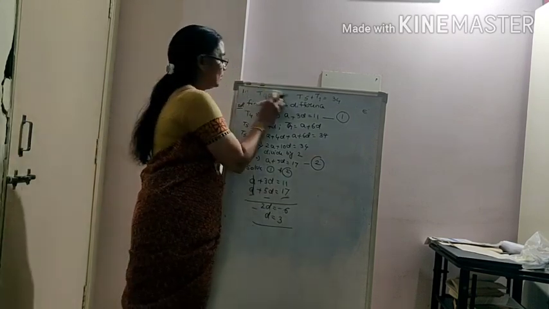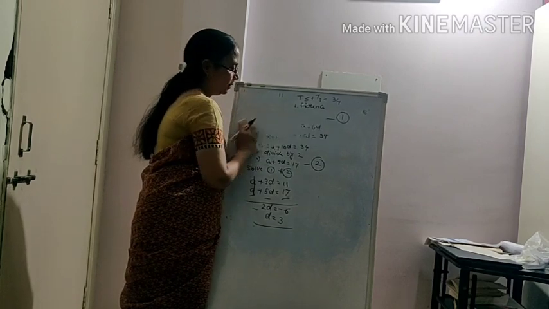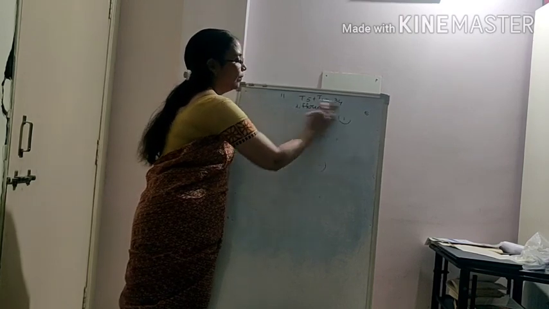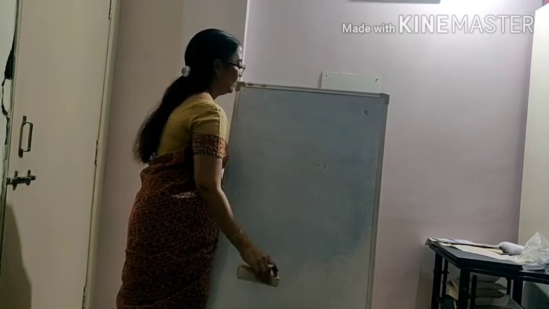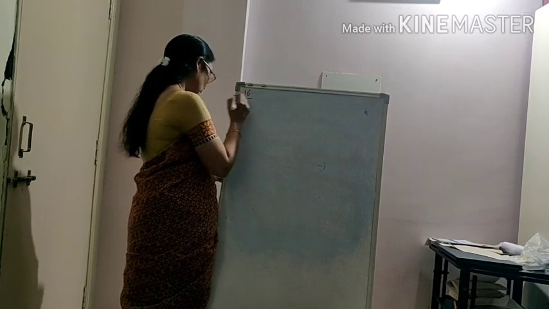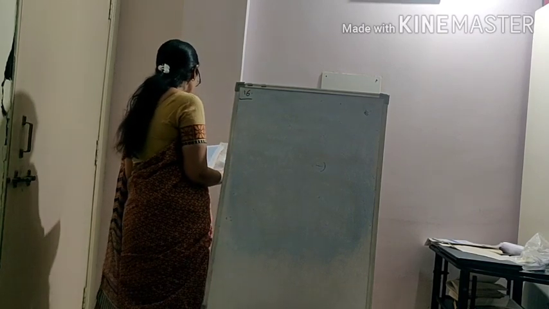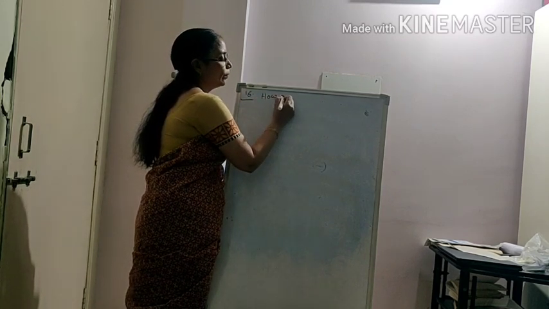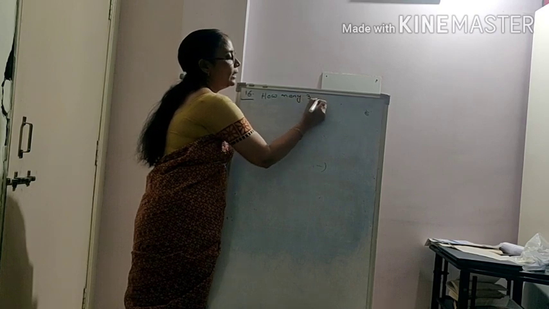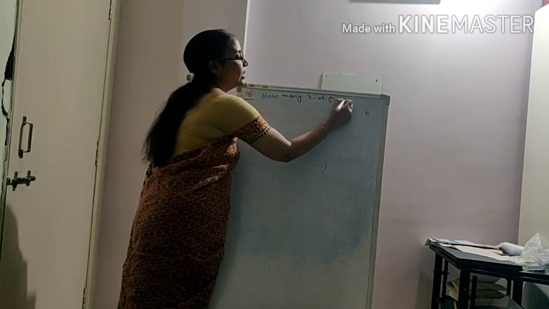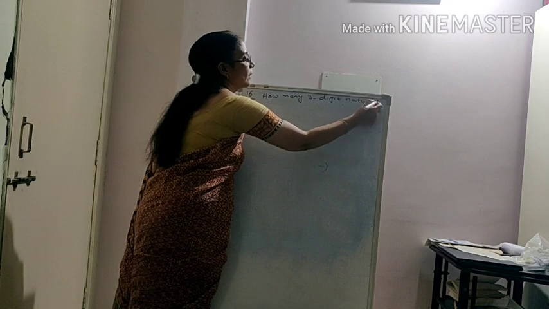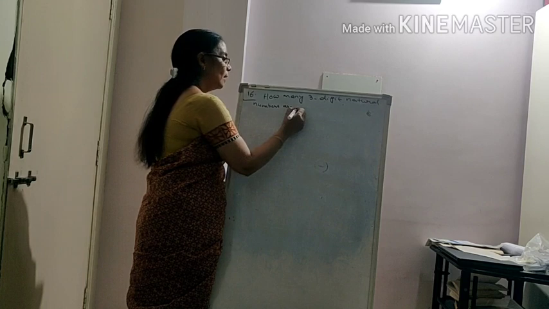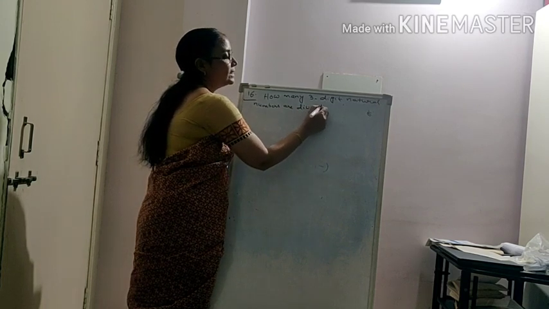He is asking how many 3-digit natural numbers are divisible by 7.